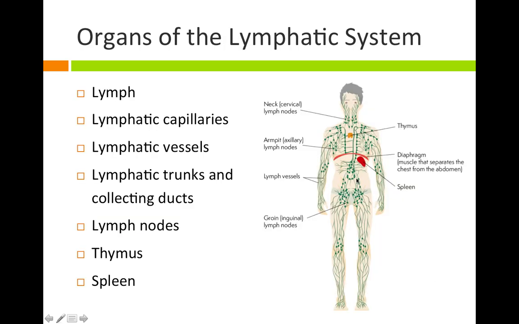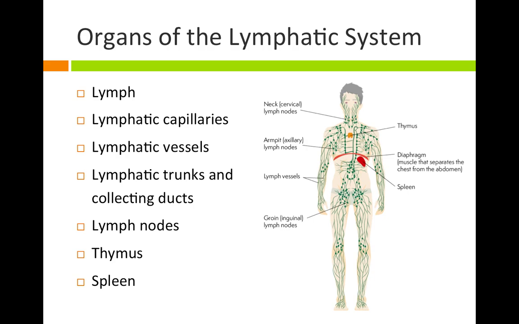So, these are some of the organs of the lymphatic system. You have lymph. Lymph is a fluid similar to blood. You have lymphatic capillaries, vessels, trunks, and collecting ducts.